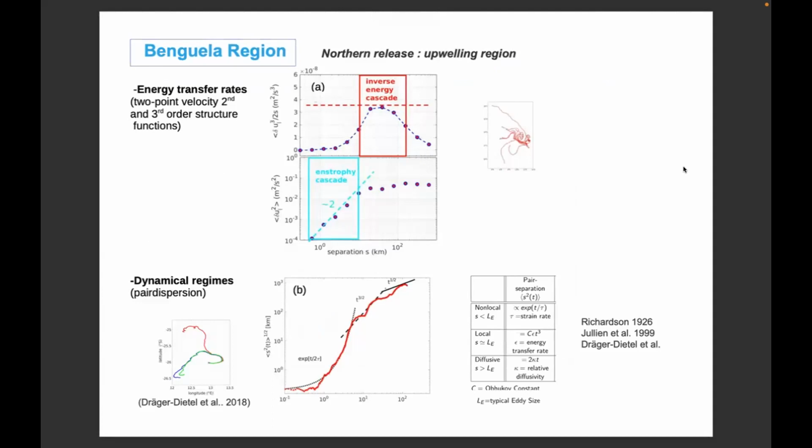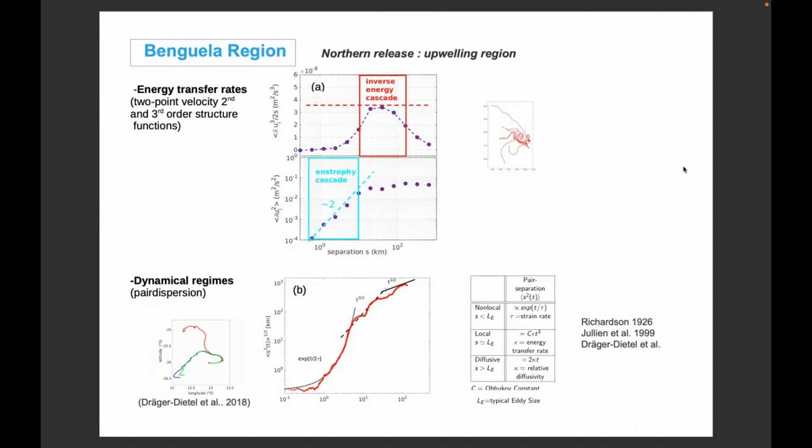These are our results for this so-called northern release, the red one. Here we have the third order structure function divided by S, and the curve shows a plateau in the positive part. That is, it shows inverse cascade, and from the plateau one can derive the energy transfer rate.